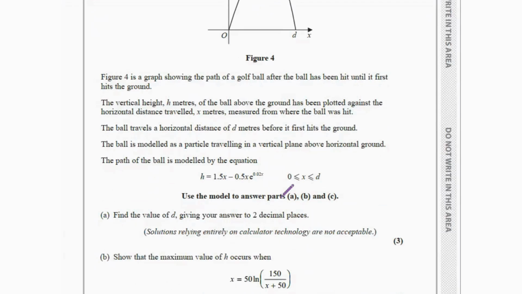Since d is the horizontal distance that the ball travels before it hits the ground, the height is going to be 0, because h is the vertical height and we're talking about the horizontal.